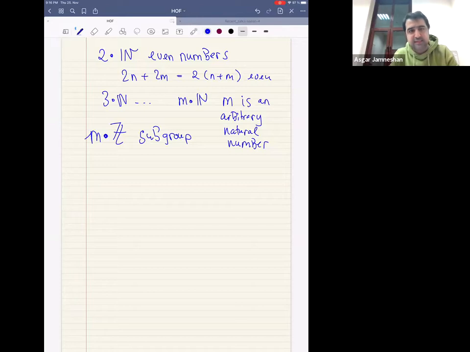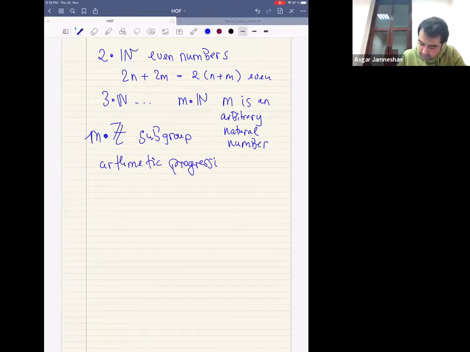Now maybe we have to relax a little bit our notion of arithmetic structure. Here is an example of another arithmetic structure, which is called in the literature arithmetic progressions. So what is an arithmetic progression? Before I introduce finite arithmetic progressions, look at the following numbers.